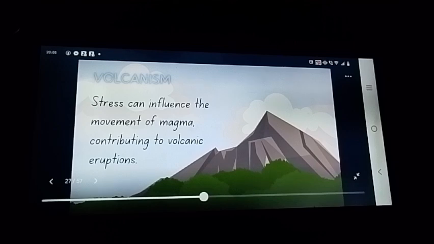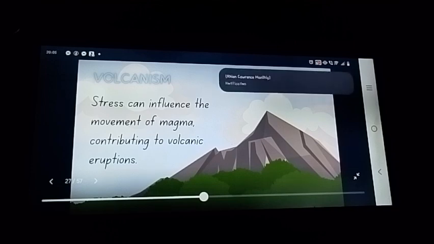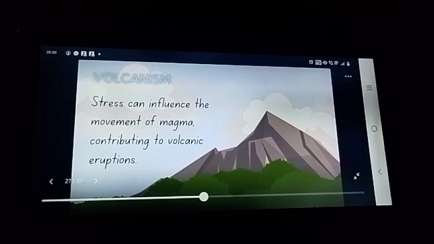Tectonic plate movement and fault zones. So volcanism is a powerful force that can reshape the Earth's surface. Volcanoes create new land, release gases and ash into the atmosphere, and can be a source of geothermal energy.